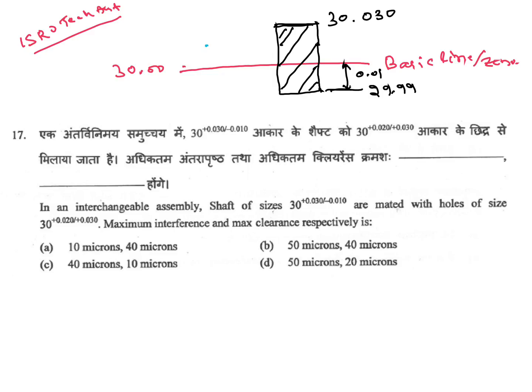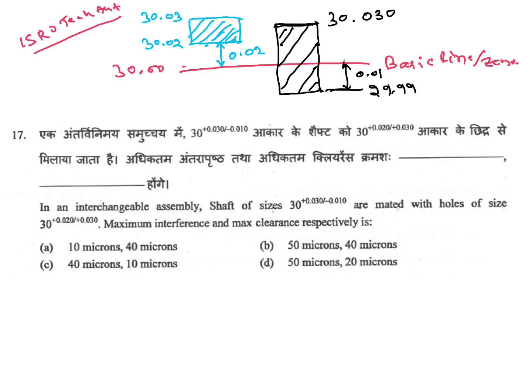This distance is 0.02, you will get 30.02. Then the maximum hole diameter is the same as shaft maximum, so 30.03. This is the hole. Blue color represents hole and black color represents shaft.